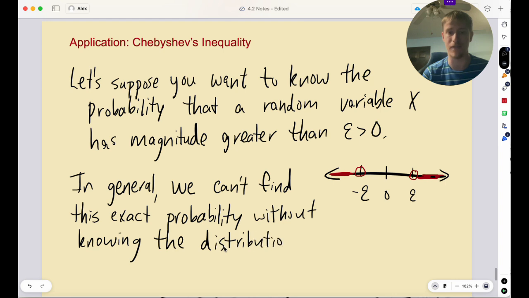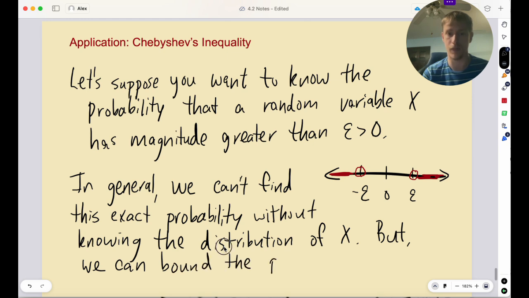You've got to know the PDF. But what we can do is bound the probability above. And that's going to be Chebyshev's inequality. So, here's the idea.